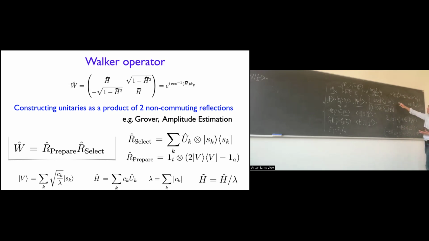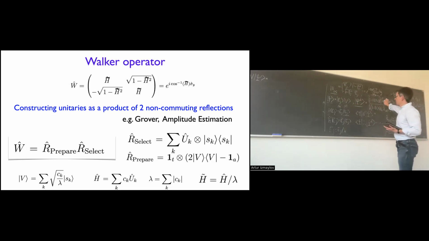From this expression, it's just two expectation values of R select subtracted from each other, so you get 0, right? This form is useful because it gives us a two-dimensional subspace for the Walker operator. Okay.